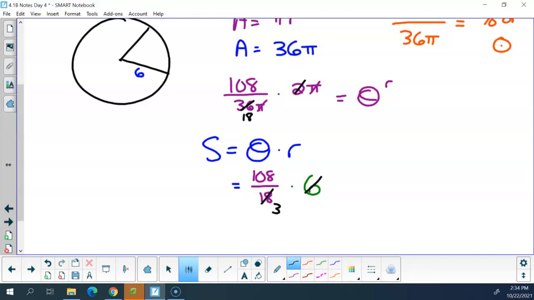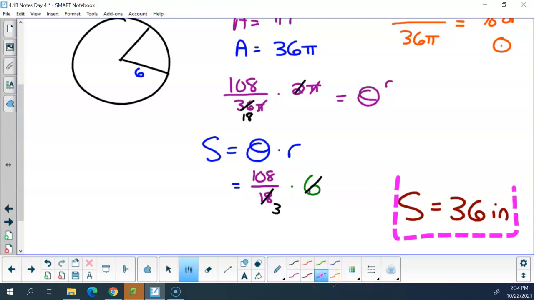What's 108 divided by 3? 36. 36. I just did it a different way.